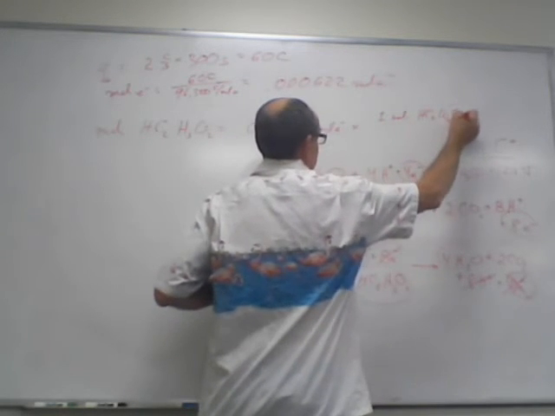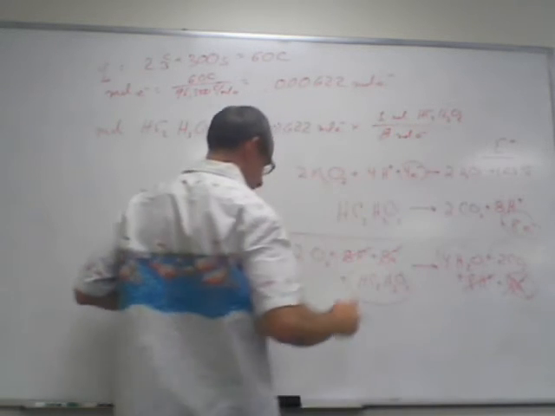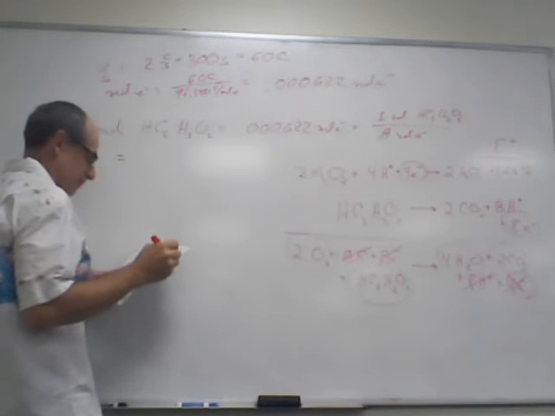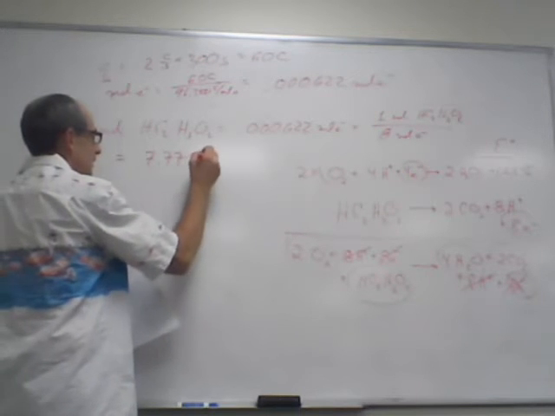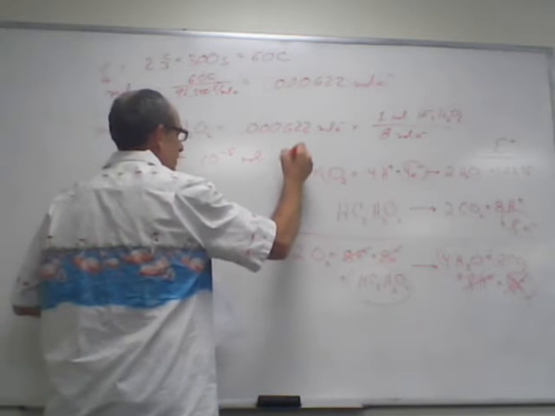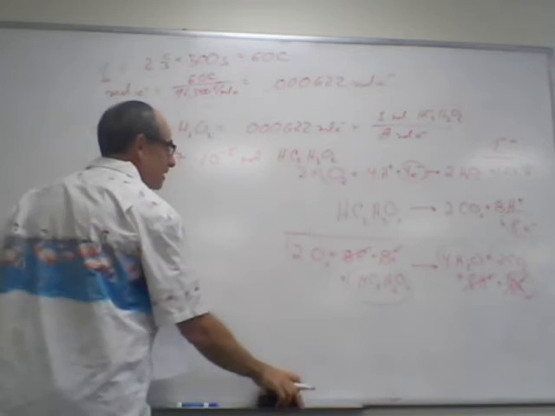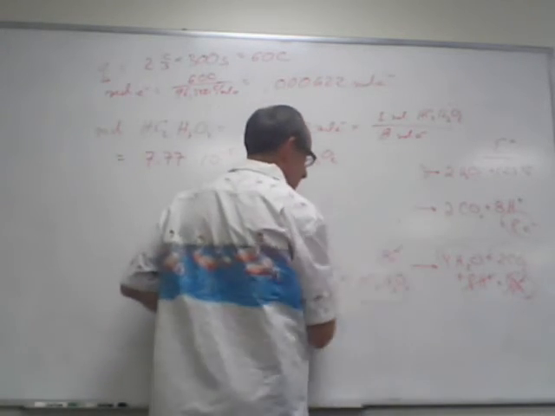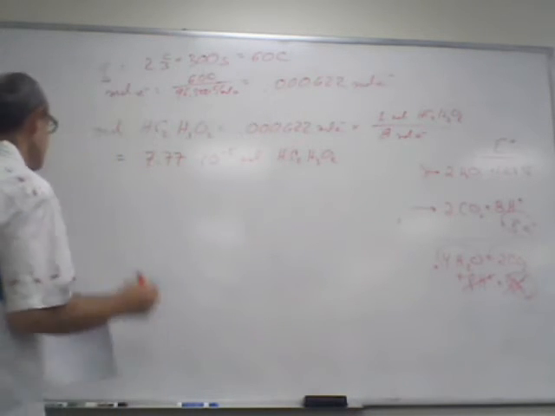Boy, these formulas get a little bit confusing. And that works out to be a whopping 7.77 times 10 to the negative 5th moles of HC2H3O2.